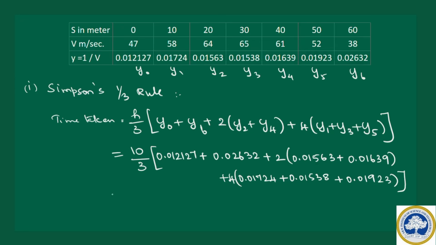That's it. After simplification, the final answer is 1.06338. So this is the answer by Simpson's one-third rule.